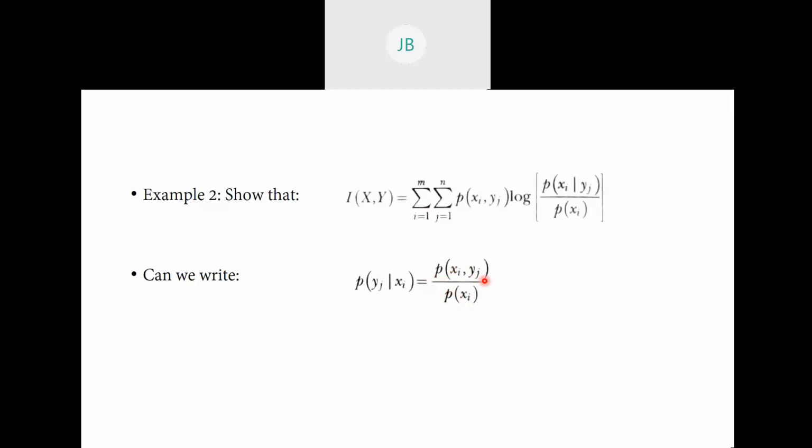Since we can have this term, we should be able to represent those terms in this part of the equation. So we will see how we can rewrite it. Right now we can write P of xi yj, that is the joint probability, is nothing but the probability of the input multiplied by the conditional probability of output. That's what's written here.